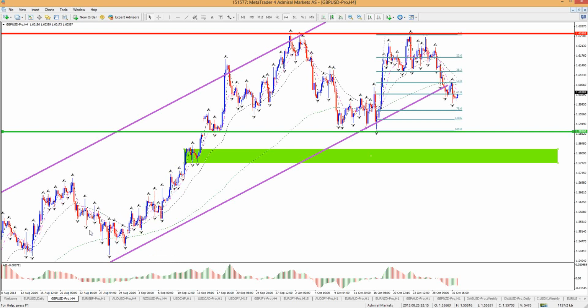If it has been used like that already once, it loses its power. It still could have an effect the second time, but obviously the first time is the most effective. So that one wouldn't qualify. This one, as you can see, price in its history never went back to that level. So that's still a valid one, although a while ago.